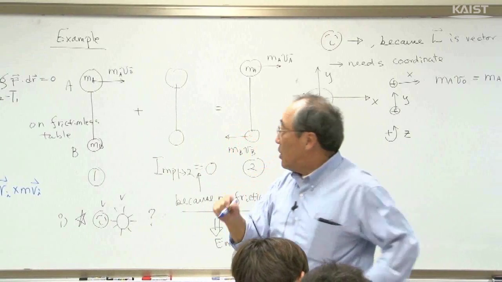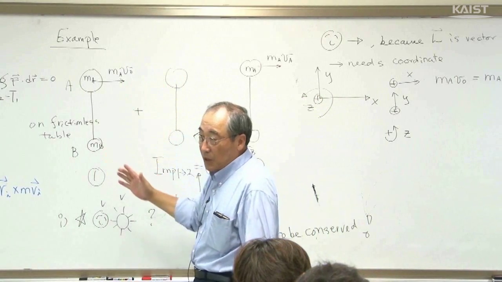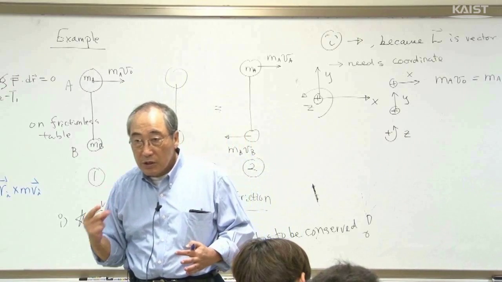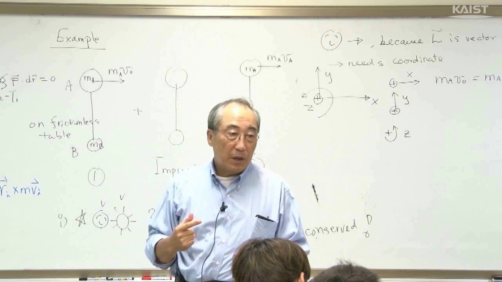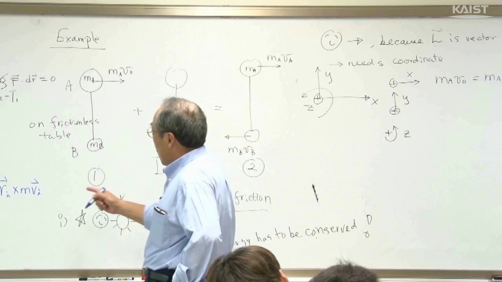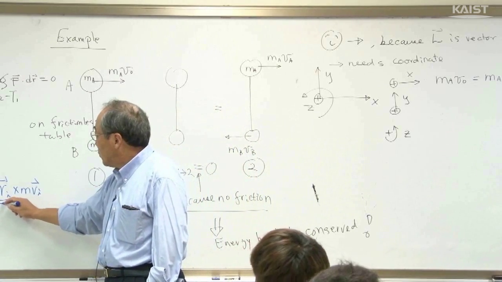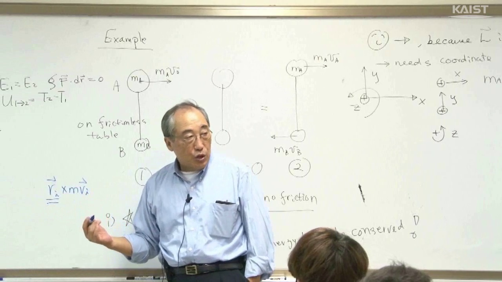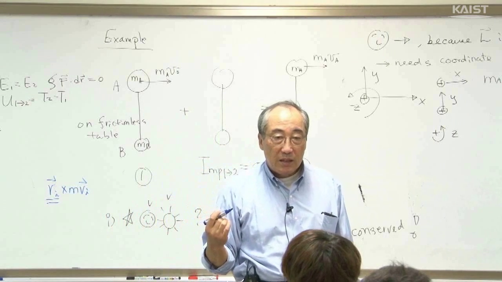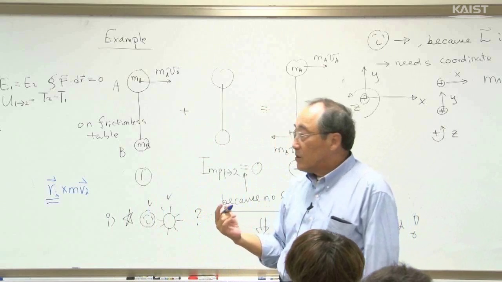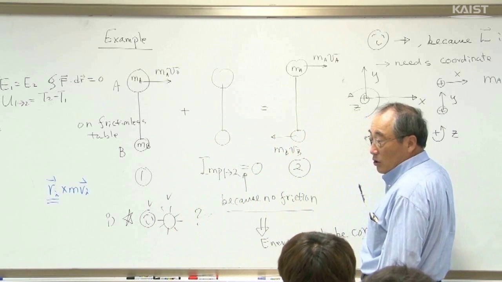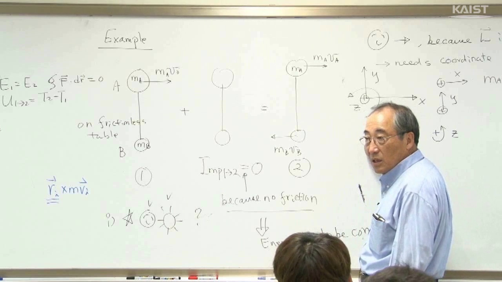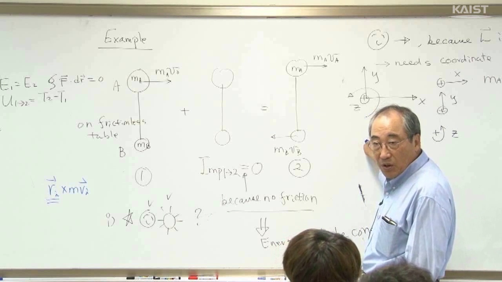Because this is a vector expression, if you take a moment with respect to something, that is angular momentum, and this one has to be measured with respect to a coordinate, right?